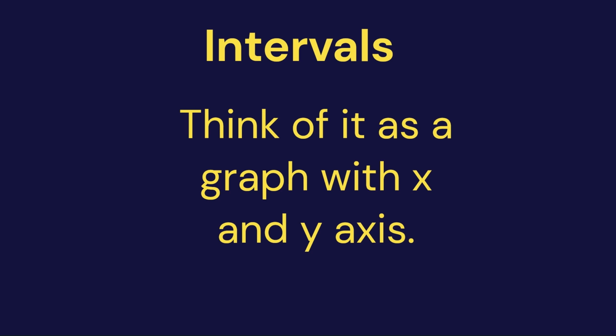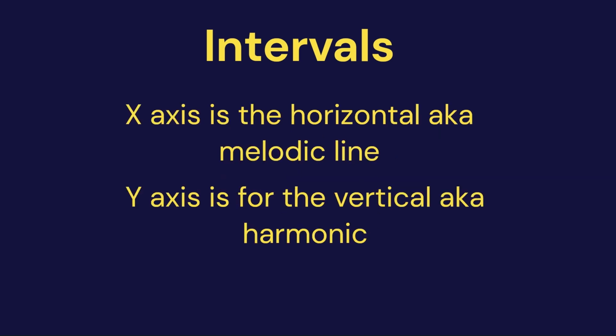And if you see something like vertical, it means harmonic. So don't let the words fool you. Harmonic and melodic are the only two words to think of when you're thinking about intervals. At least I went into full detail on that.